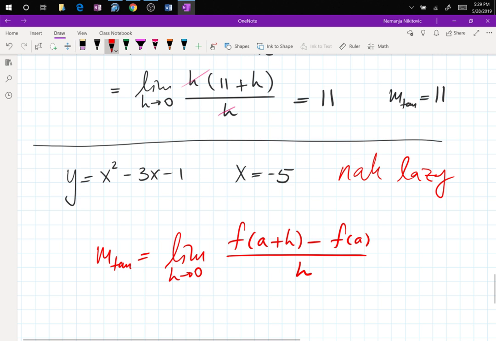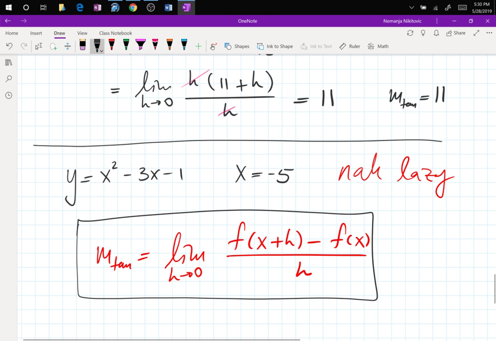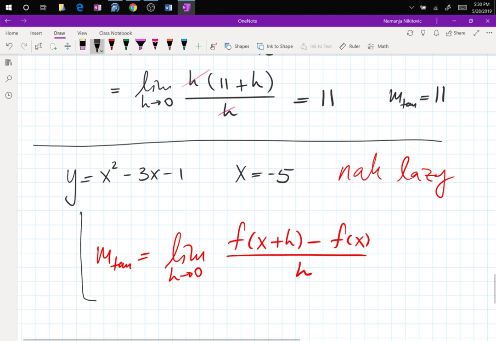How about if I swap this a with x? Because x stands for all the values in the domain. So all I have done is I changed those a's for x's.